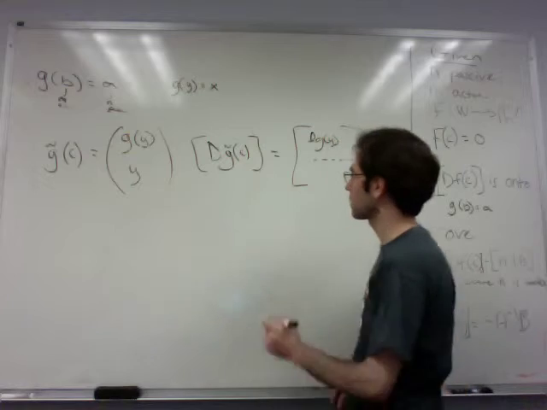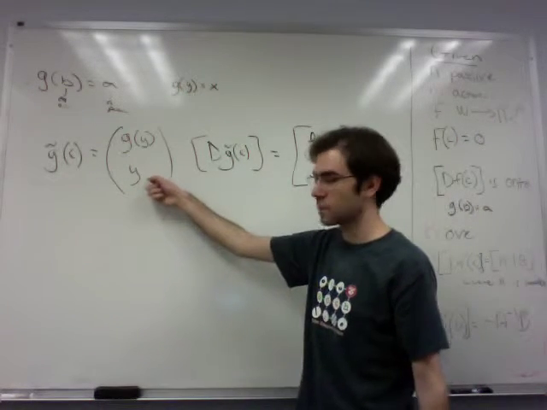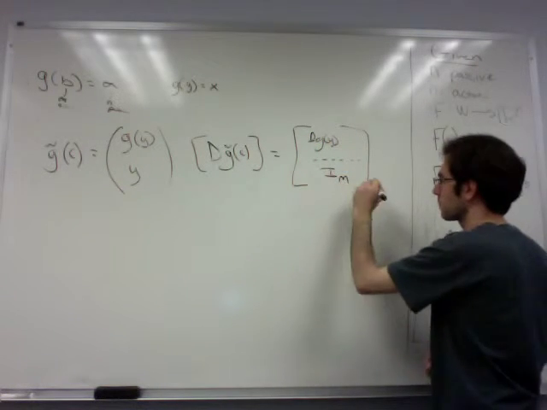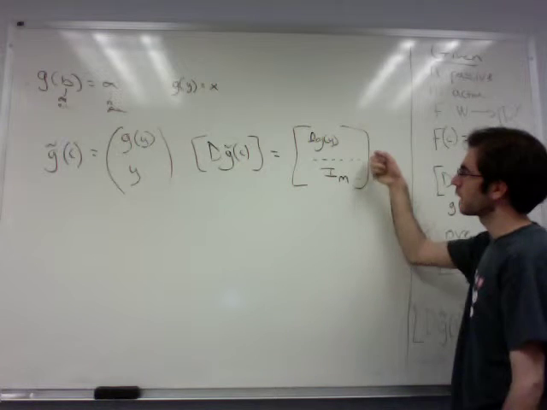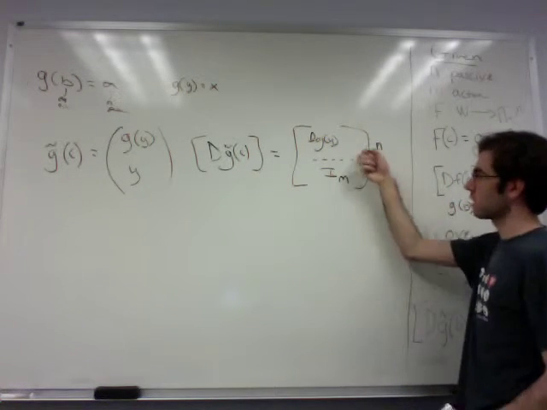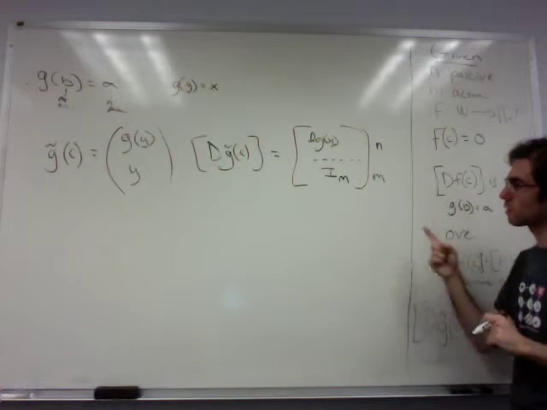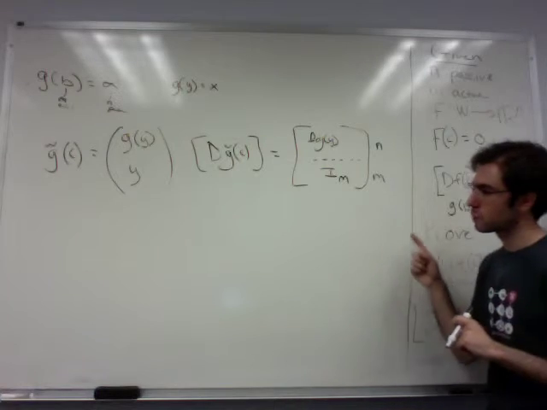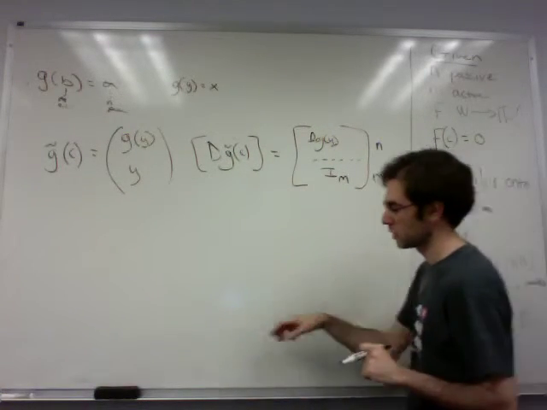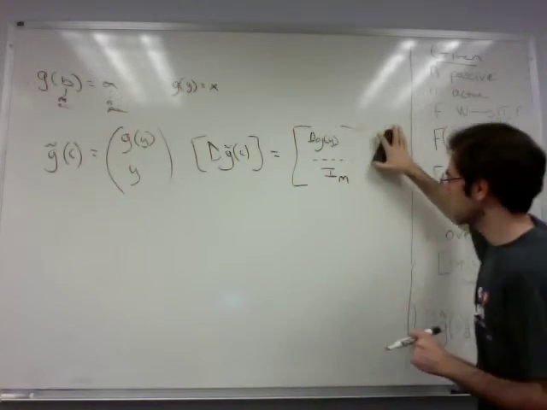This is going to be the identity matrix. We know that this is the active component. We know that there's m active components, so this is Im, and there's m rows. And on top, we know that this is the passive components. This is the n rows up there.